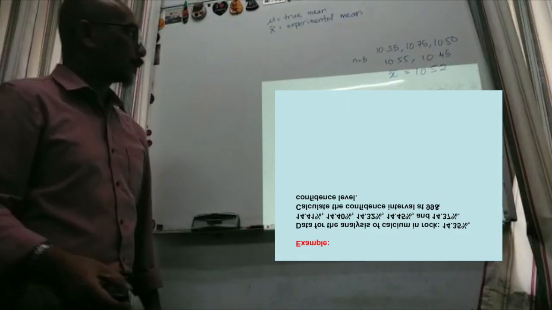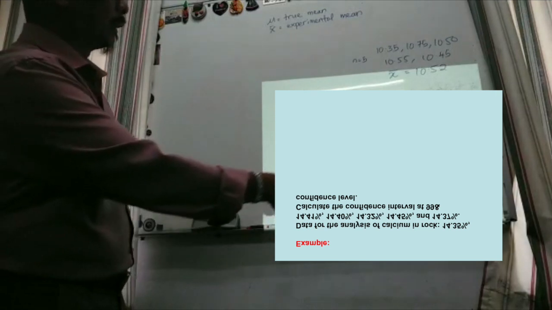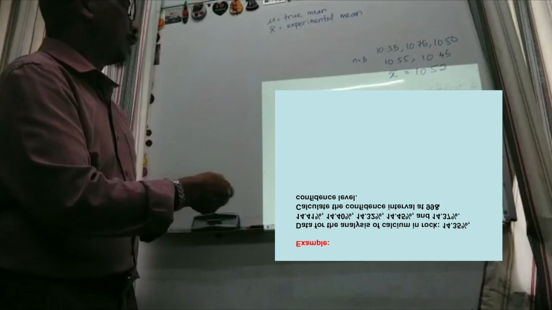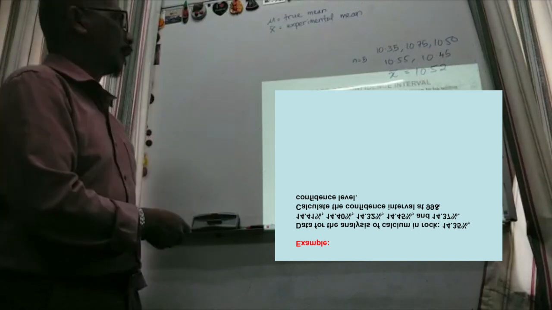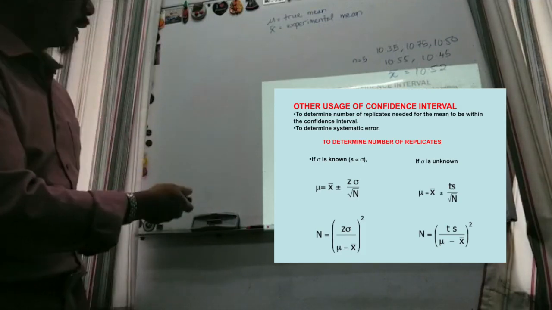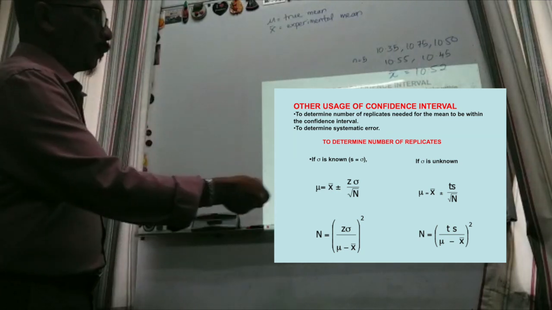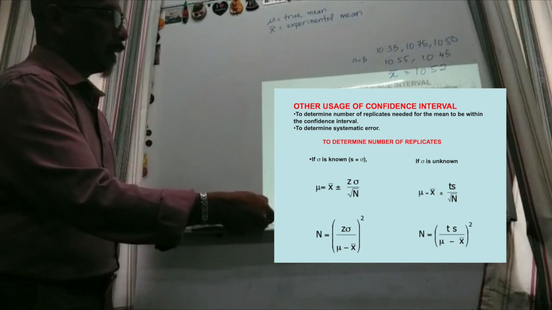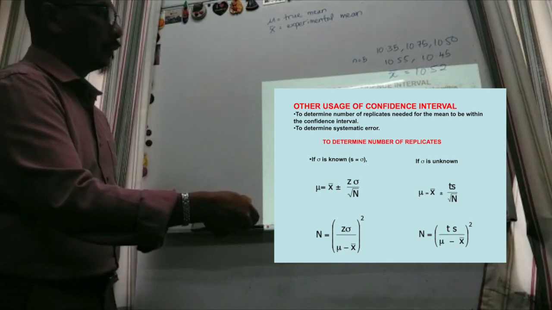Okay. So this is that. Hopefully you know how to calculate, because in this question 99% is stated, so you use the 99% confidence level. Okay. And then another usage of the confidence interval is to determine the number of replicates. From this formula, we rearrange it, then we get the number of replicates.